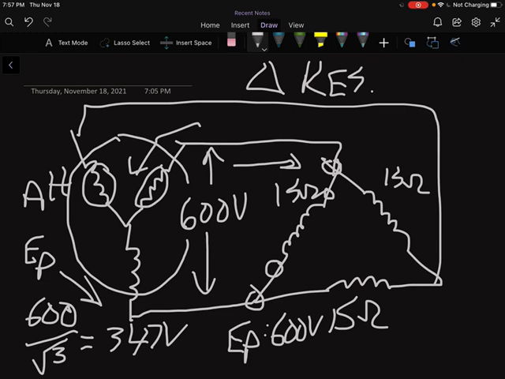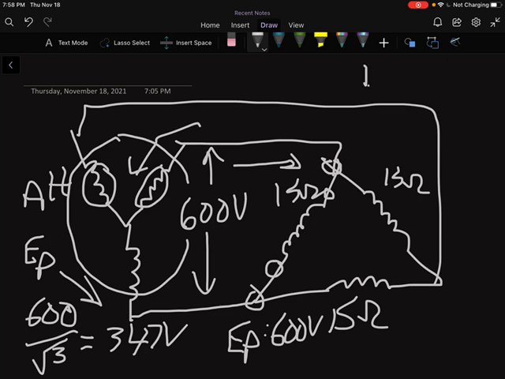At this point, we need to figure out what our line current and our phase current are, and this is where things can get a little tricky for some people, or the majority of people actually, to start out.